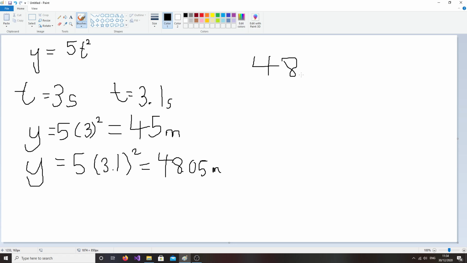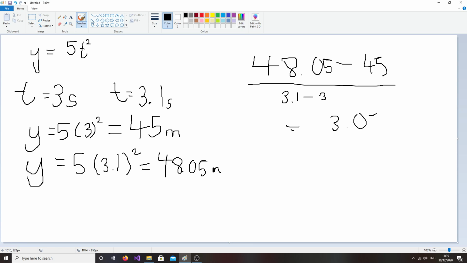So 48.05 minus 45, divided by 3.1 minus 3. That'll be 3.05 divided by 0.1, which equals 30.5.